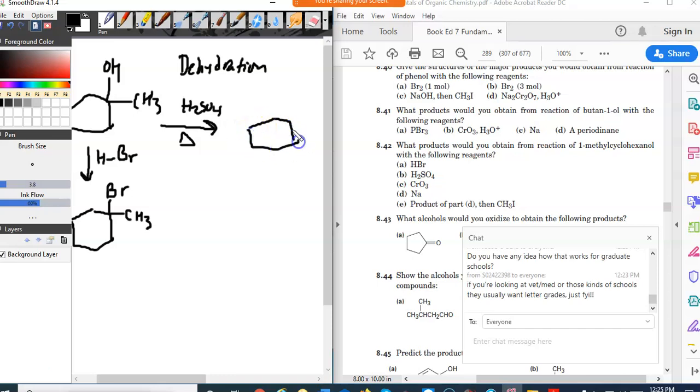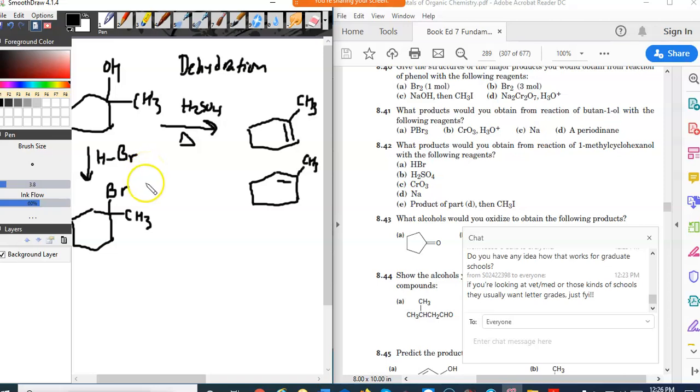Your double bond can either be going down, like how I have it here, or you could have drawn this molecule with the double bond going that direction. It's the same molecule. You can't form a double bond here, because that would be the least substituted double bond, and that is not obeying Zaitsev's rule.